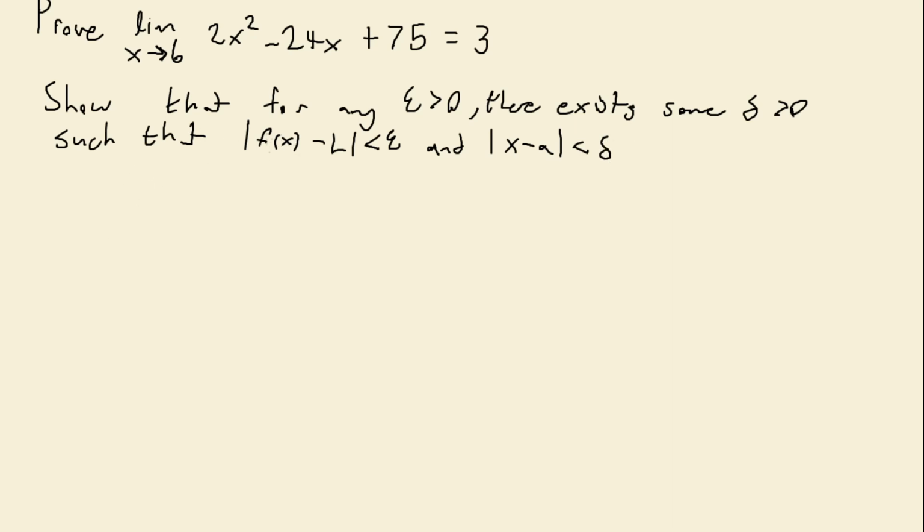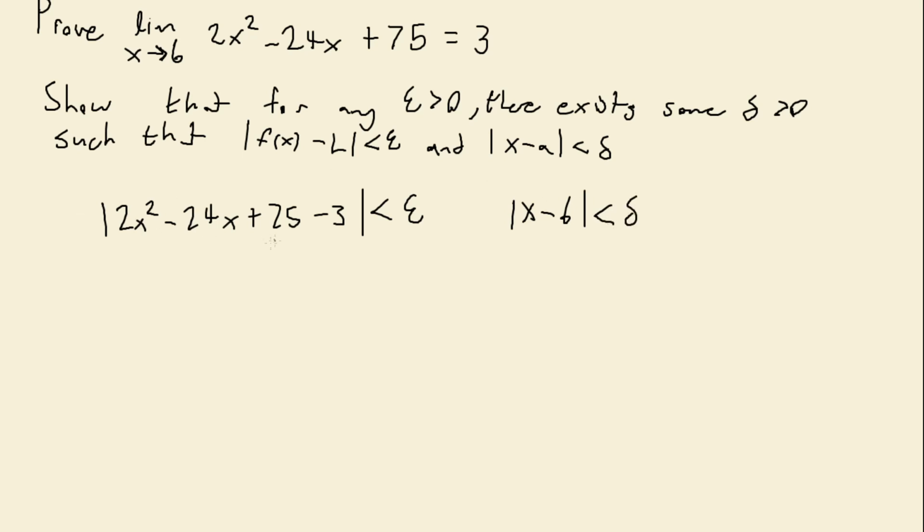And if we plug in our f of x, our proposed limit, and our A value here, for this inequality we'll have the absolute value of 2x squared minus 24x plus 75 minus our proposed limit, which here we're saying is 3, is less than epsilon. And here we have the absolute value of x minus 6 is less than delta.